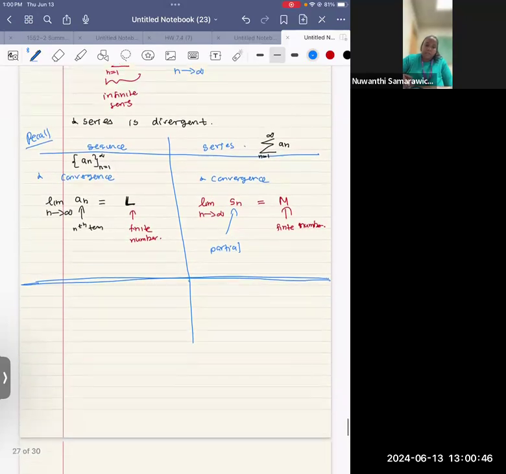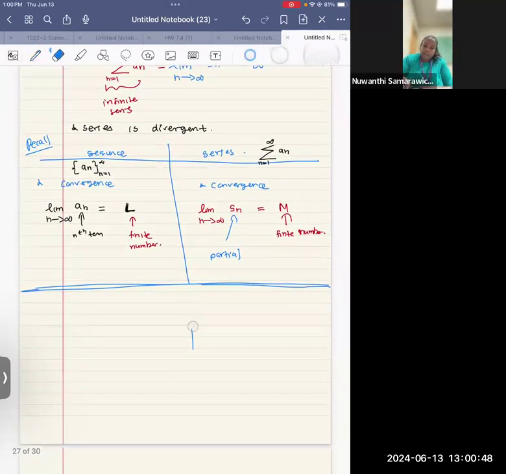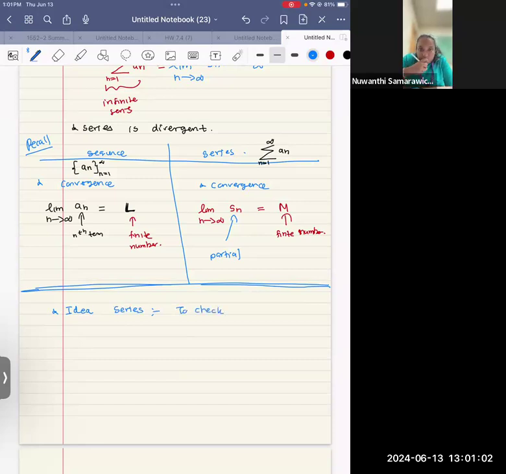Okay, so the idea of the series, to check, and Sn is this. Yes, very good, Kyla, it's a good question. Here in this example, we did the partial sum of only an arithmetic sequence.